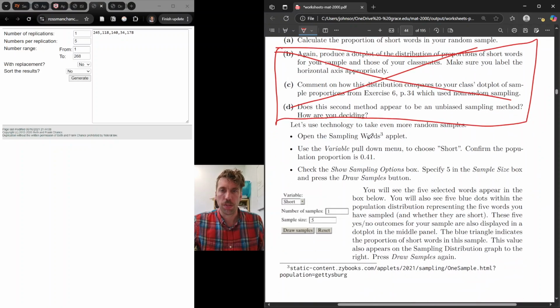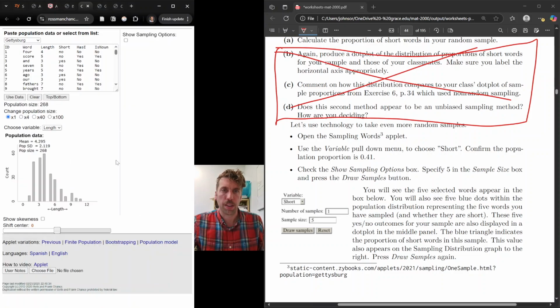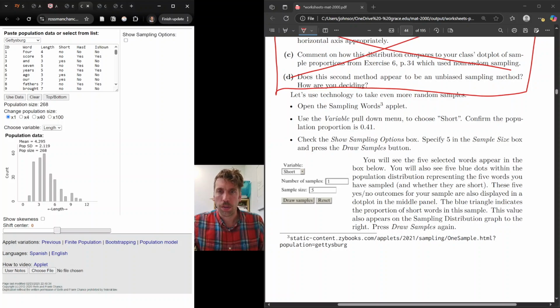So we're going to do the sampling words applet, the one I went to accidentally at first. Okay. Use the variable pull down menu, choose short. So variable short, and then confirm the population proportion is 0.41. That's right, 0.41. Check the show sampling options box.